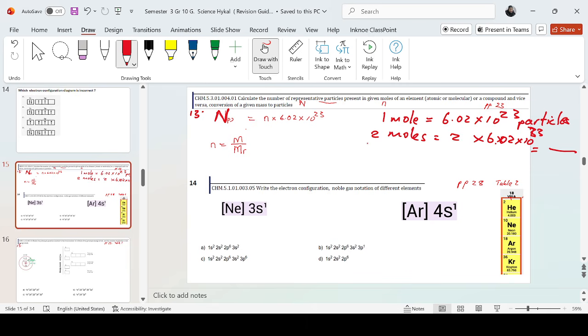If there are 3 moles, it's number of particles times number of moles. If they are asking you to find moles, number of moles equals given mass divided by the molar mass. Molar mass.